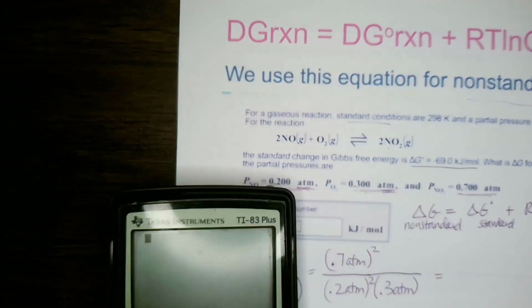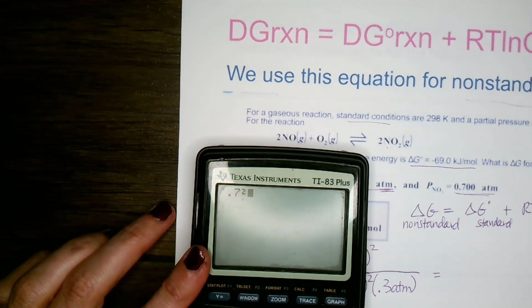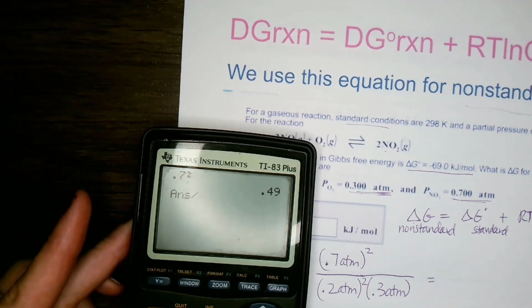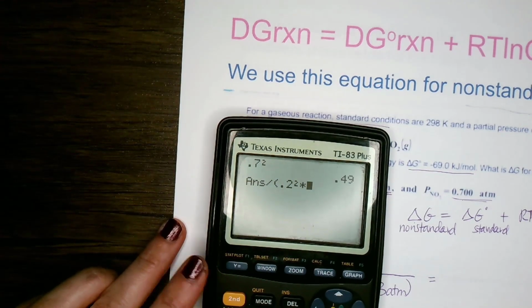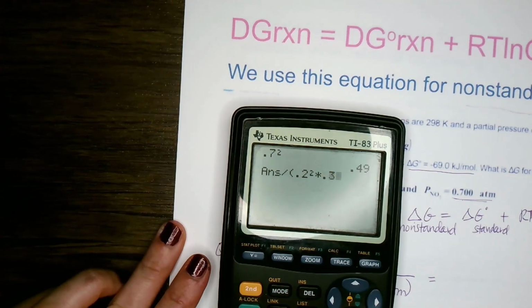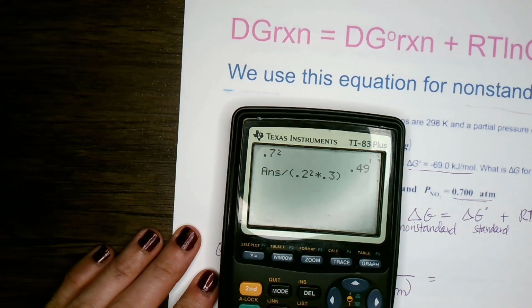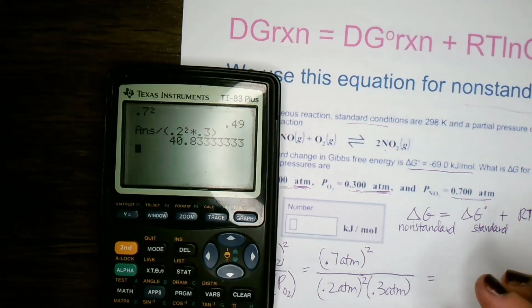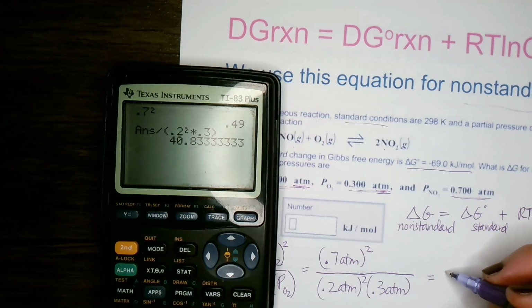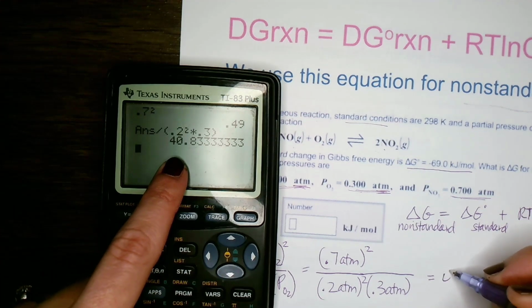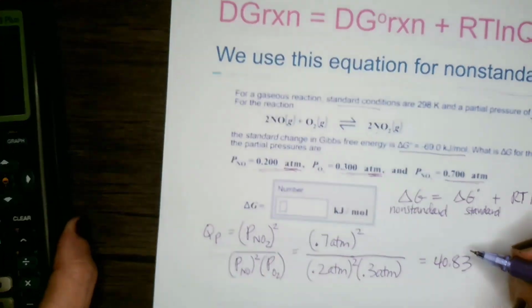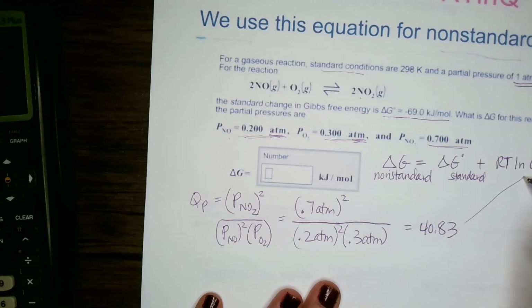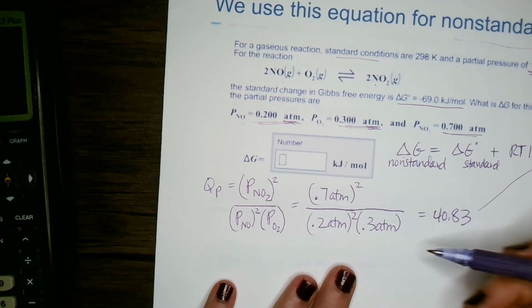I'm going to do 0.7 squared, and I'm going to divide that by 0.2 squared times 0.3, and then close that parenthesis. And I got a product or answer of 40.83. This is my Q, my reaction quotient. So now we just need to plug it in.